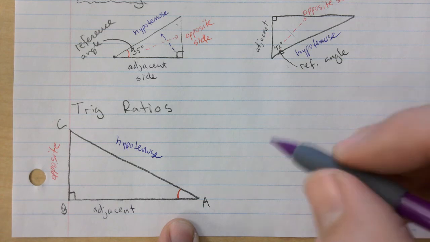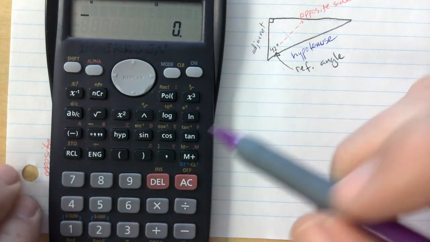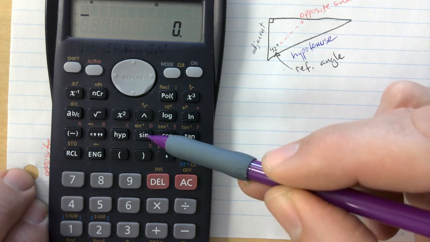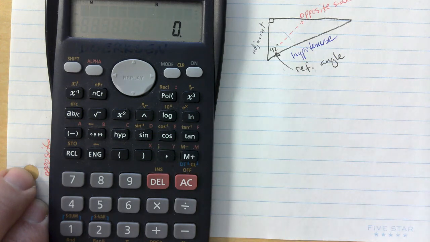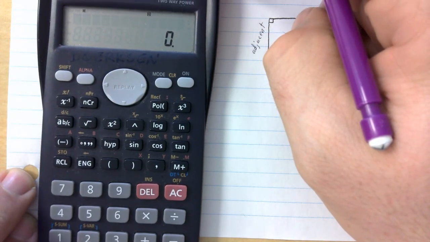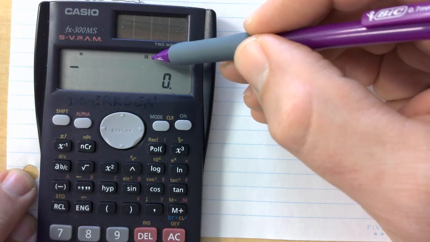I will give you the sine, the cosine, and the tan. So first of all, I want to call your attention to your calculator. It should have a sin, cos, tan button. Sine, cosine, and tangent. That's what they're there for. Make sure your calculator is set to degrees.